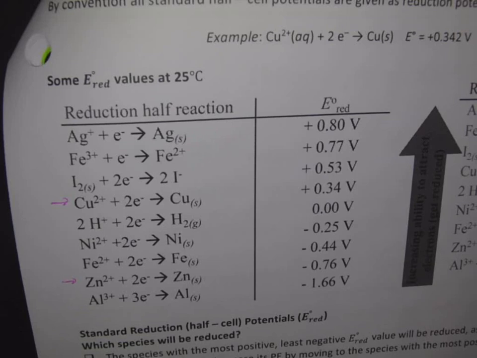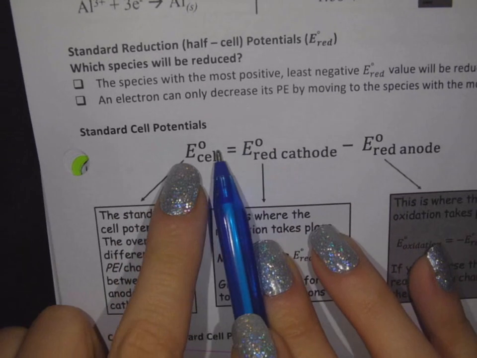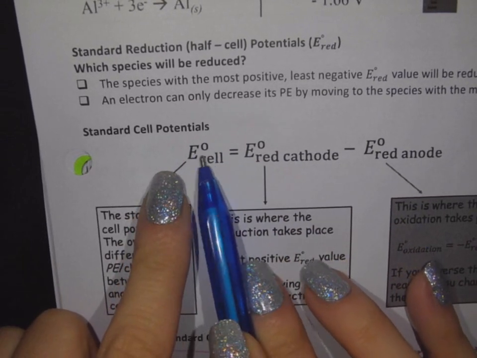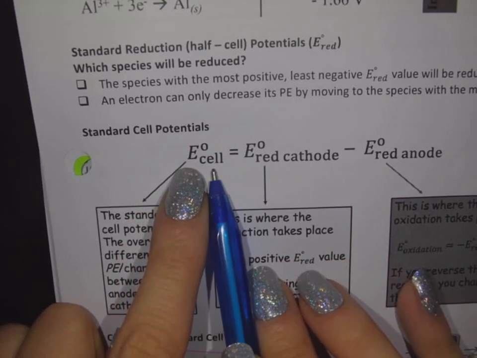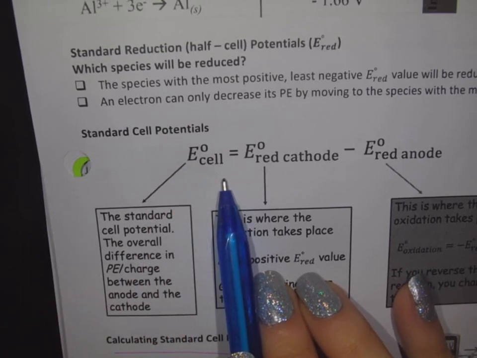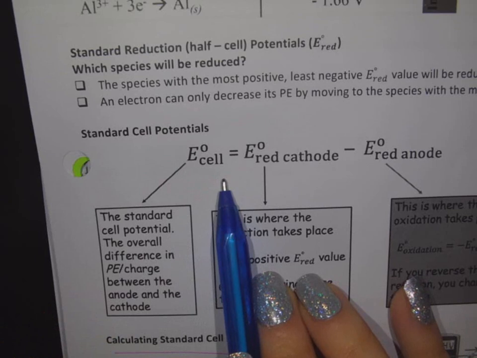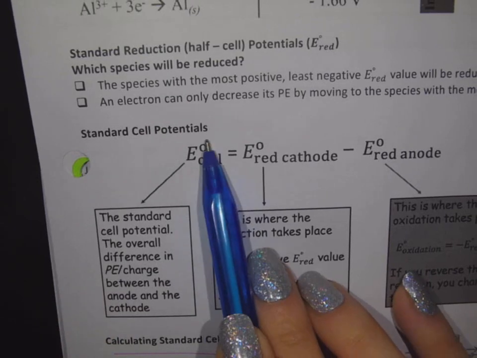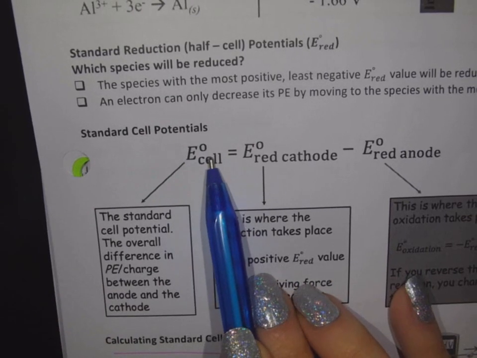Okay, so everyone, I am going to show you and tell you the super easy, fast way of doing this. Then I'm going to walk you through more of the detail of why it works and how it happens. So, to calculate the potential or the voltage of a battery, E cell, like a battery cell, we want this to be as big as it can be, and we want it to be positive.